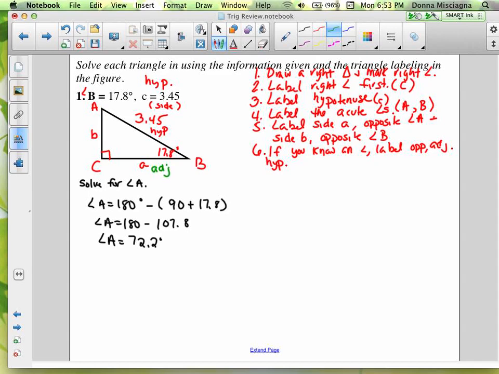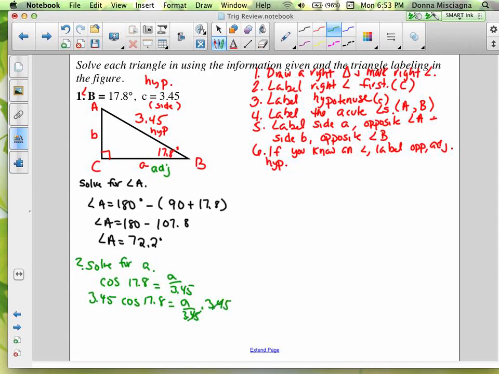So we're going to solve for A. That's step 2 here. We have cosine 17.8, that's our angle of reference, equals A, the adjacent side, over 3.45, the hypotenuse. We're going to multiply both sides by 3.45, so that will cancel out here.